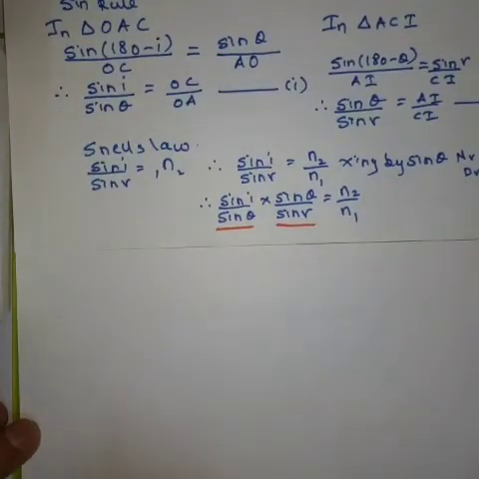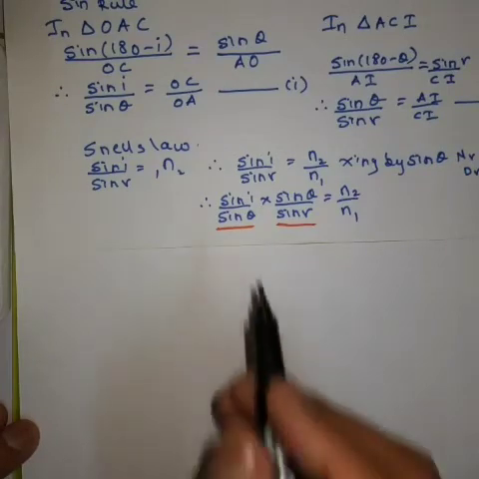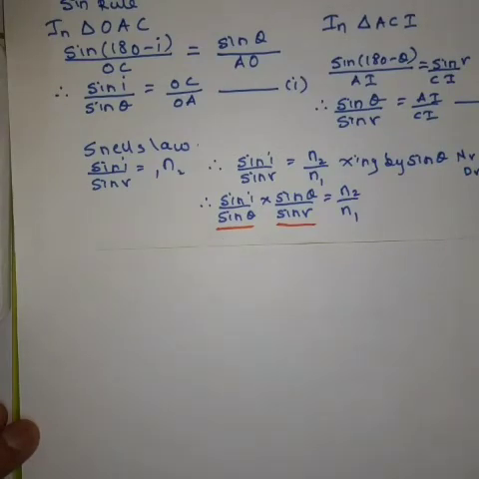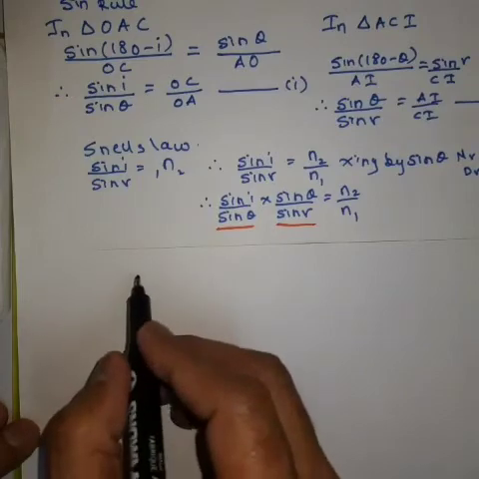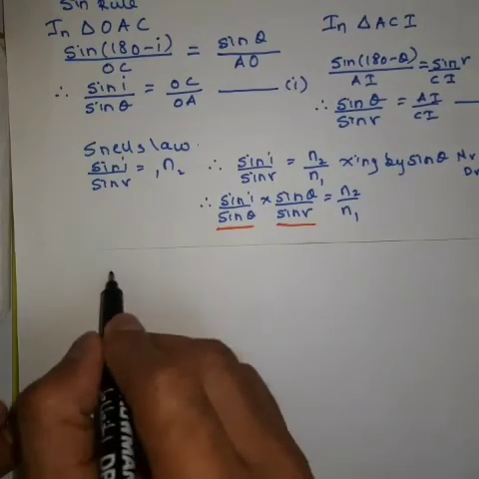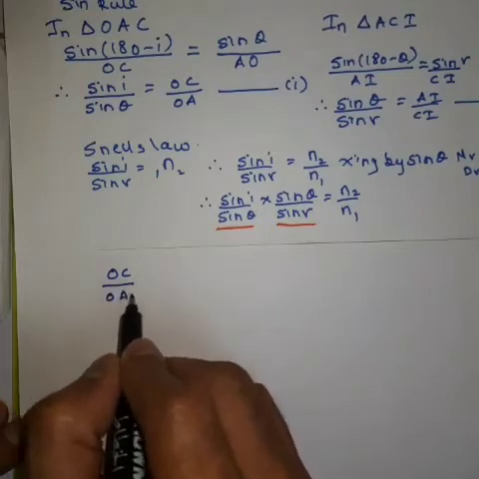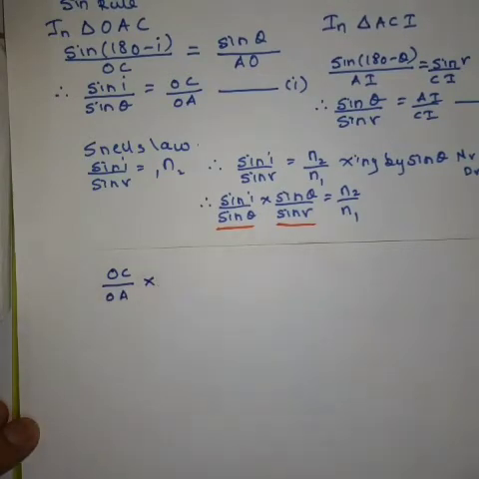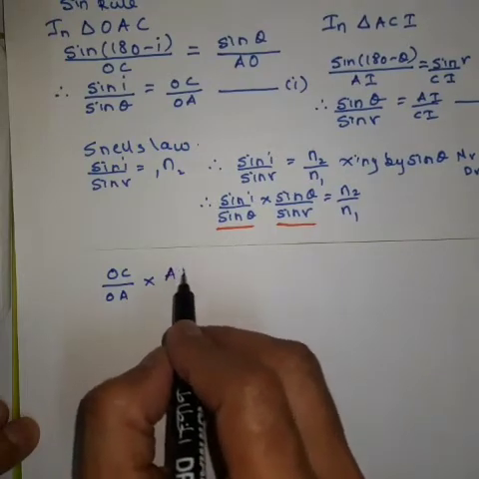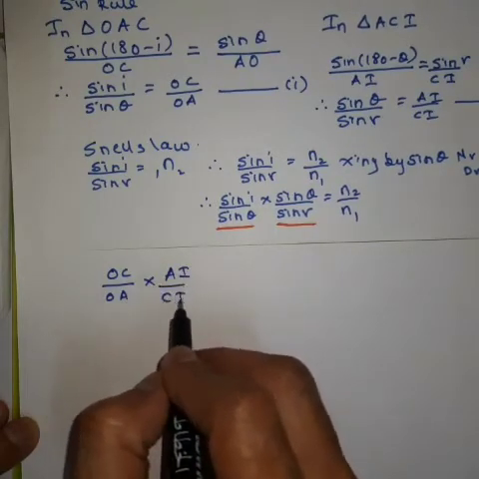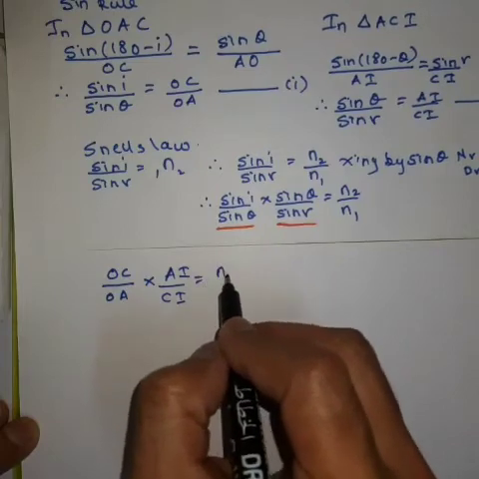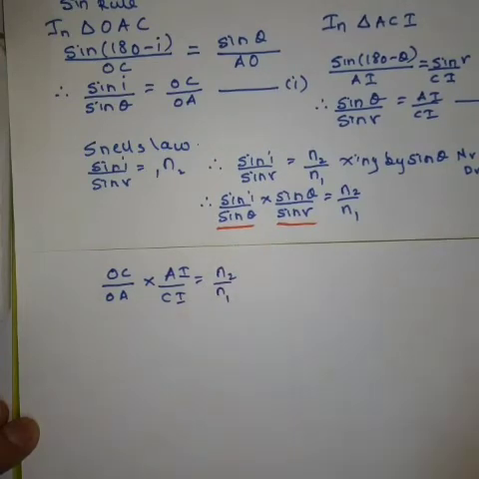So I know the value of sine I by sine theta, which is OC upon OA, into sine theta by sine R, which is AI upon CI, equals N2 upon N1.